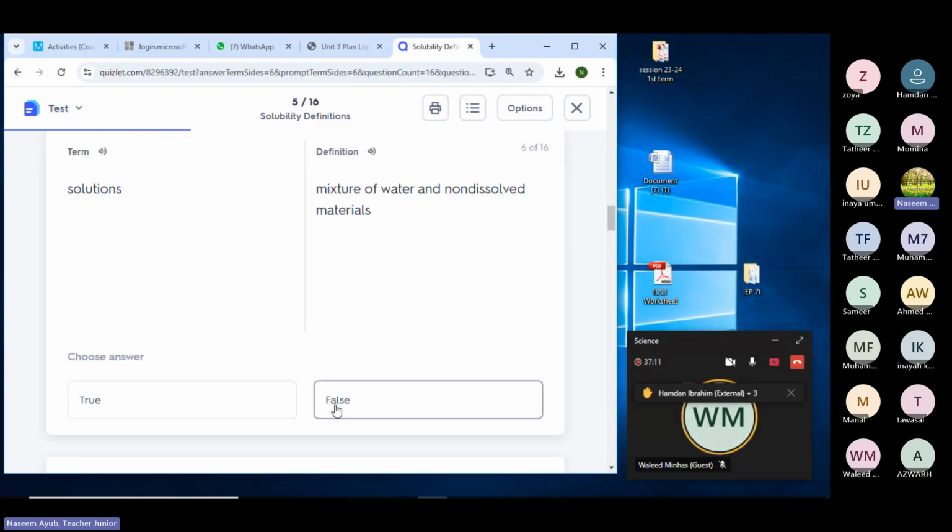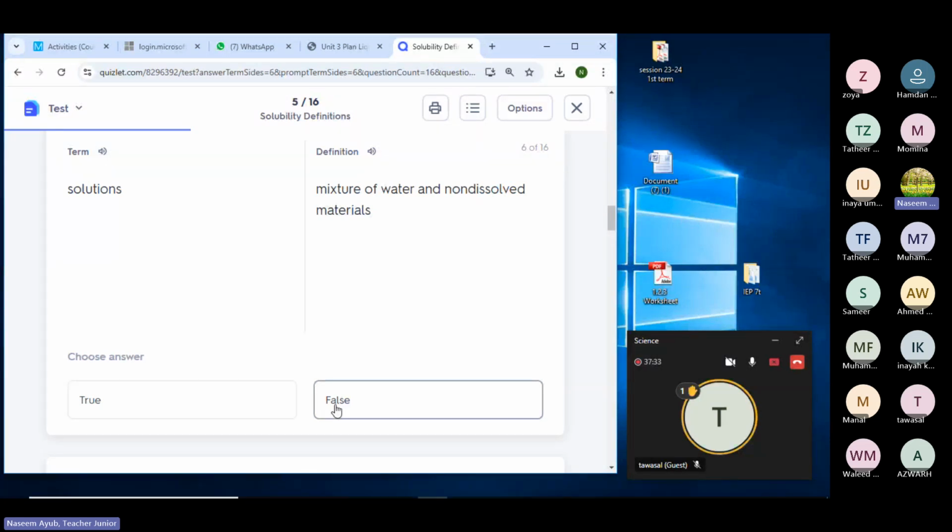So after that we have the second period of history. It's basically 16 questions and the time is going to be over. I will be sharing this test link in your group as your homework.